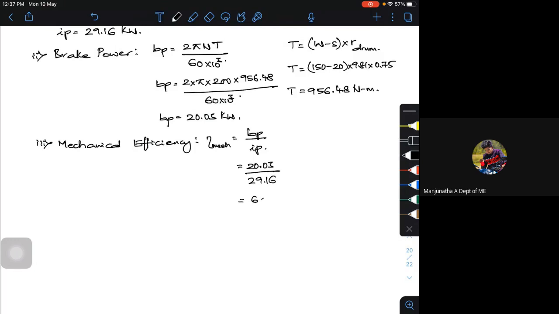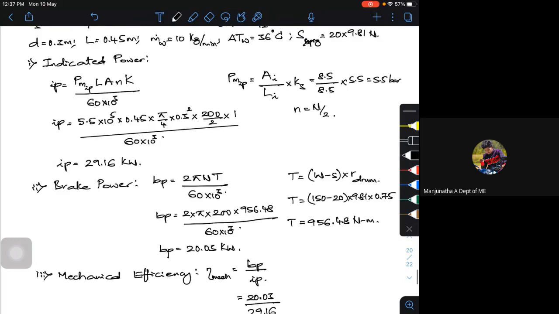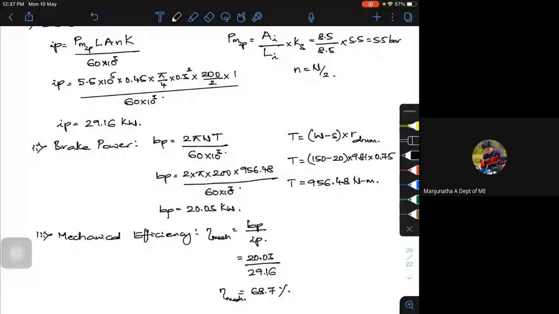What is the next one we need to find? It is brake specific fuel consumption. What is it actually? Brake specific fuel consumption means mass of fuel consumed. It should be in kg per hour, because brake specific fuel consumption should be in kg per kilowatt hour. So that's why I want my mass of fuel consumed per hour actually.